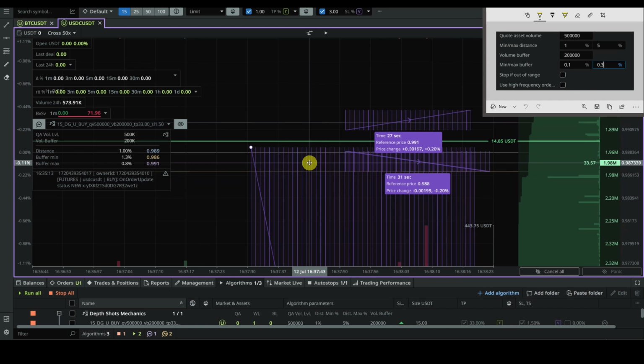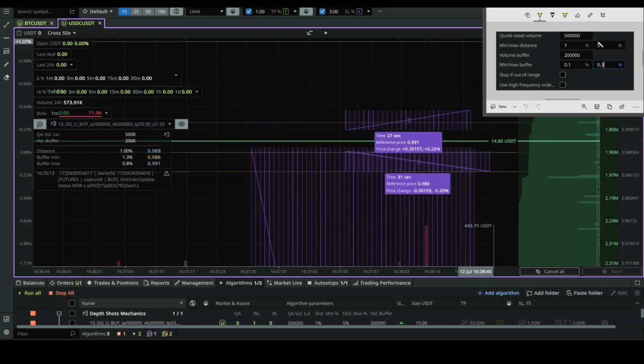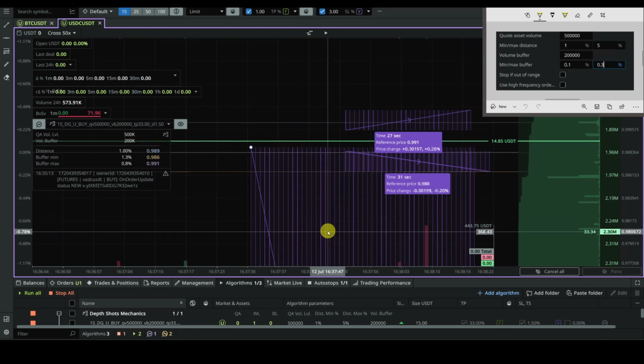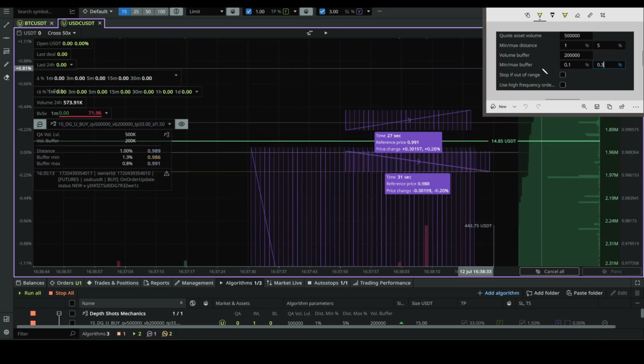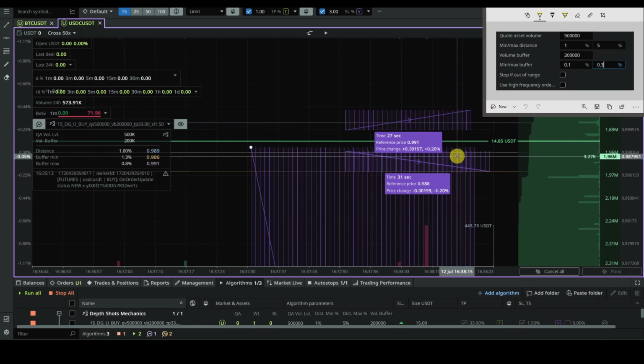This is some sort of hierarchy. So first of all, what matters is the minimum and maximum distance. If that is valid, then we go to the buffer, and then we have the limits from minimum percentage to maximum percentage from the order line. And then if the volume buffer itself falls within this range and this range, then it's a go.